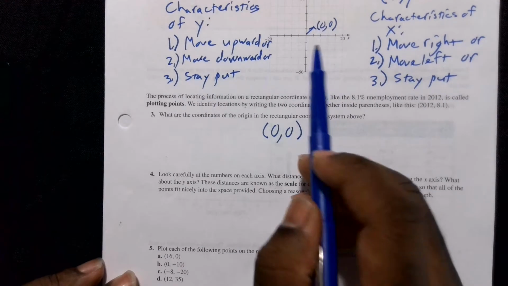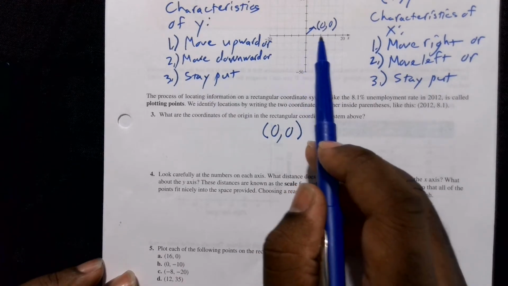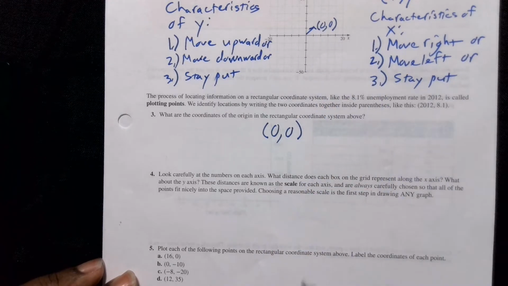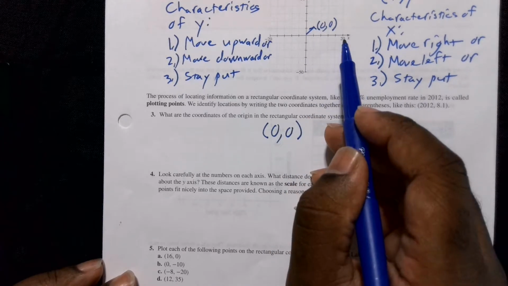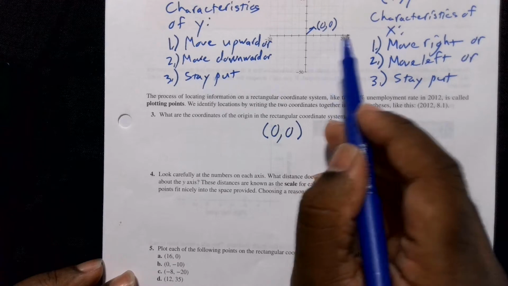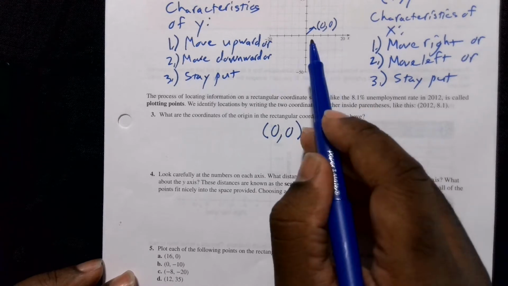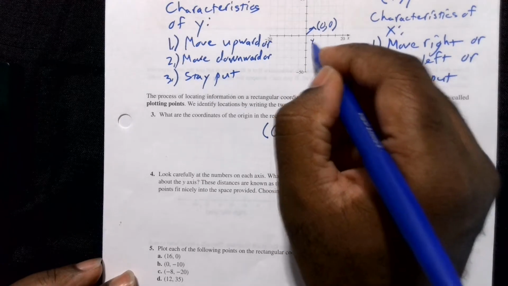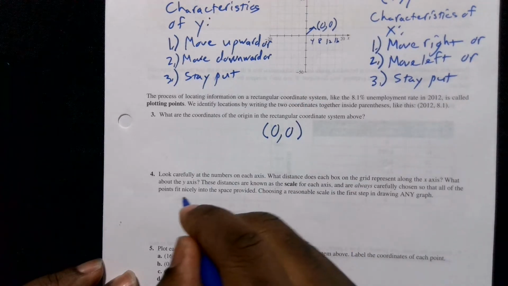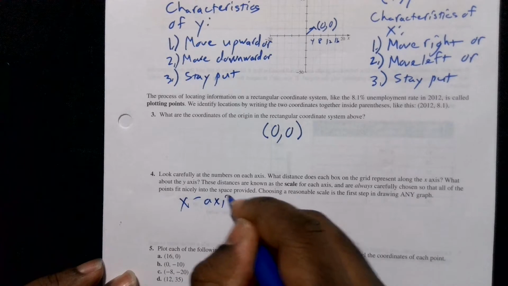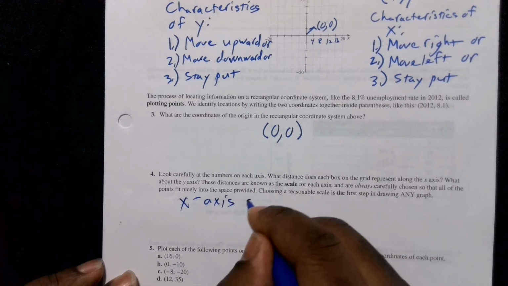Now, if we look here on the x-axis, we go 1, 2, 3, 4, 5 places before we get from 0 to 20. So basically, if we divide this by 5 according to the spaces we have here, that would break down to 4 each. So this would be 4, 8, 12, 16, up to 20. So the x-axis counts by 4.